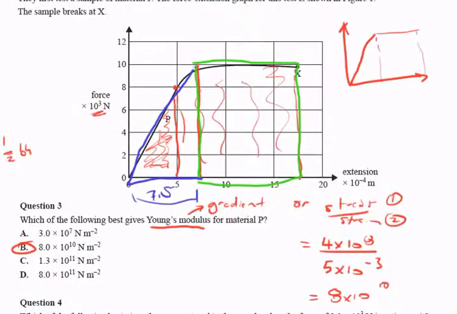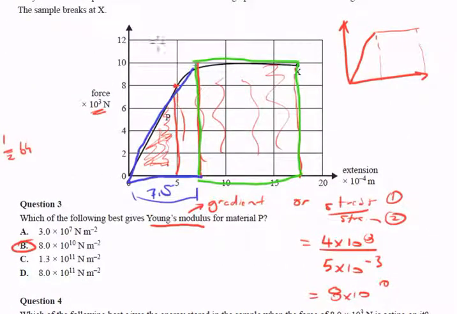My other section is this box here, which is the second part of it, and that's just base times height. So my base is this length here, and that goes from about 7.5 to about 17.5, so that's 10 by 10 to the minus 4. And my height is the same, 10 by 10 to the 3.